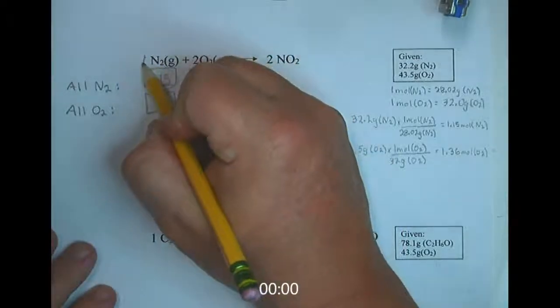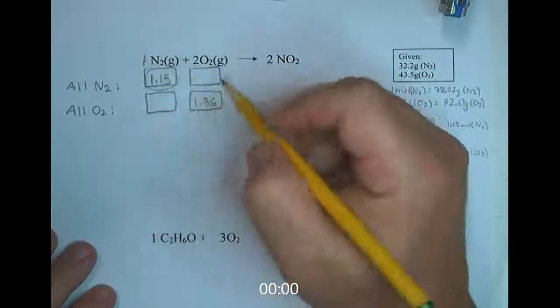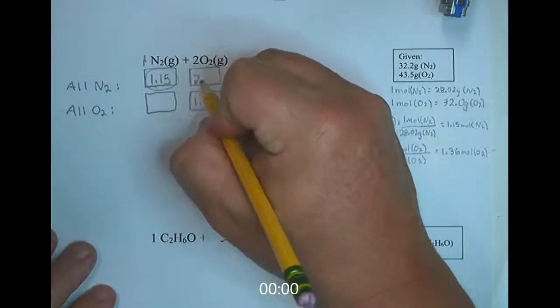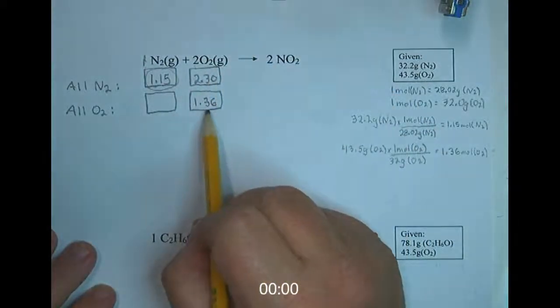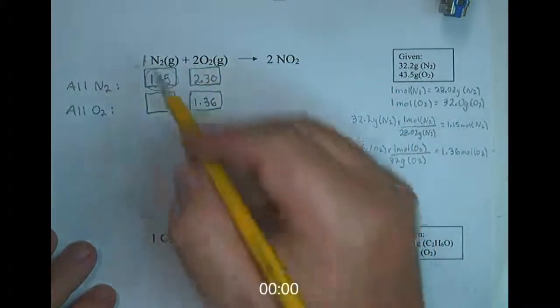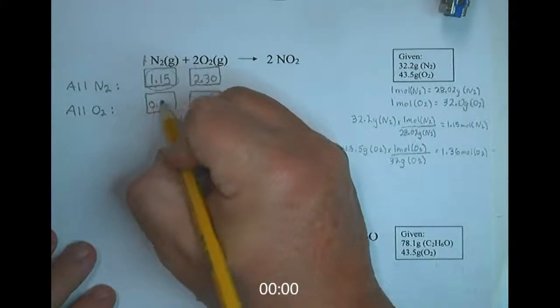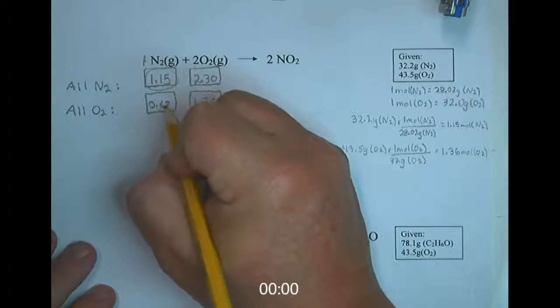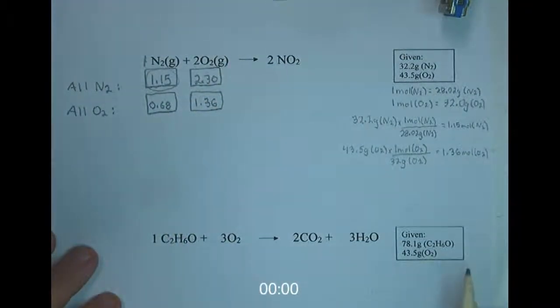Write the 1 there just to emphasize that. You need twice as much oxygen as nitrogen, so that's going to be 2.30 here. And you need half as much nitrogen as oxygen, so that's going to be 0.68 moles of nitrogen in order to make that reaction work.